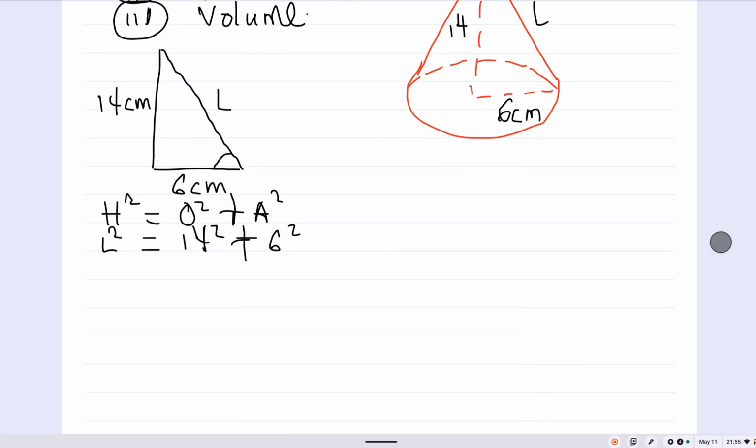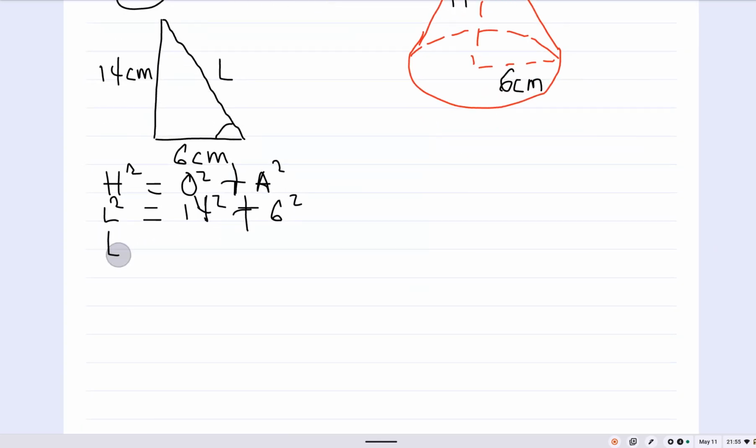Very simple. 14 squared will give us 196. That's 14 times 14, 196, plus 6 times 6, 36. Then that will give us L squared equal to 196 plus 36, that will give us 232.